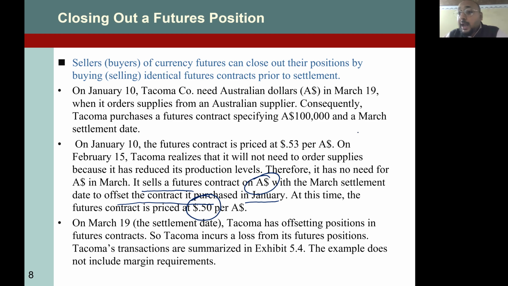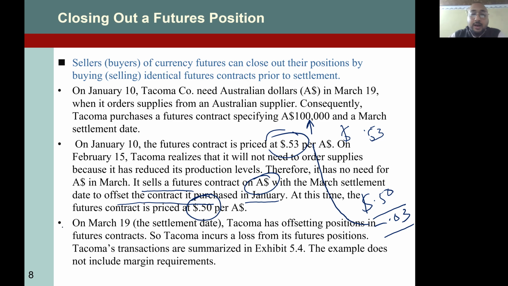So they originally planned to buy at $0.53, and now they are selling at 0.50. So they are having a loss this much. And how much they need to plan for buying? 100,000 Australian dollar. So in that case, on March 19 settlement date, Tacoma has offsetting position in future contract. So Tacoma incur a loss from its future positions.